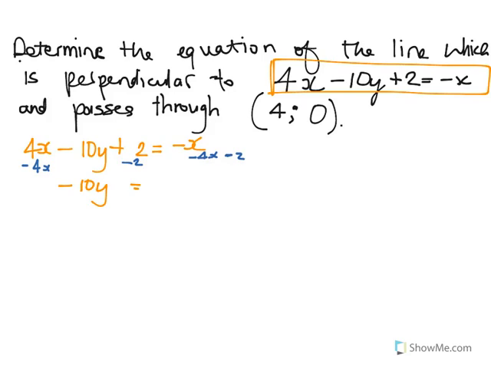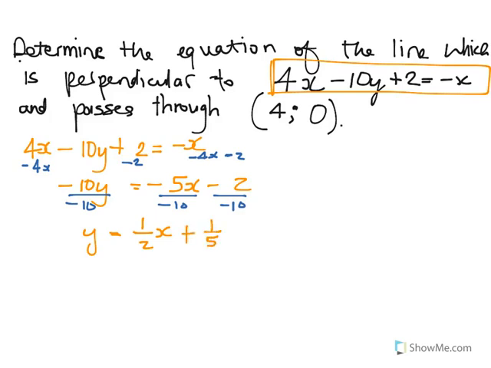So that would be equal to minus x minus 4x is minus 5x, and minus 2 over there. And then we need to divide everything by minus 10. So that's going to be y is equal to, and minus 5 over minus 10 is just a half. So it's going to be a half x plus a fifth, right? That's what minus 2 divided by minus 10 is going to simplify to.